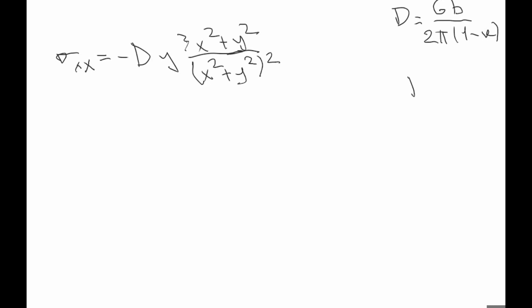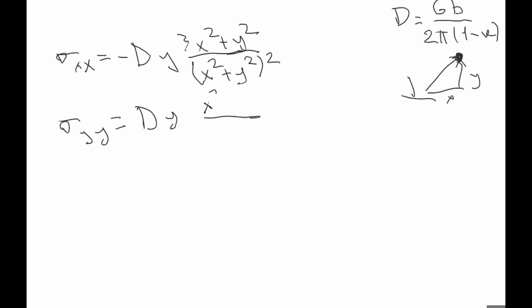So if you have an edge dislocation and if you have your coordinates with x and y, you can calculate the corresponding stress field at that location. Then sigma yy is nothing but d y times x squared minus y squared, over x squared plus y squared, squared.